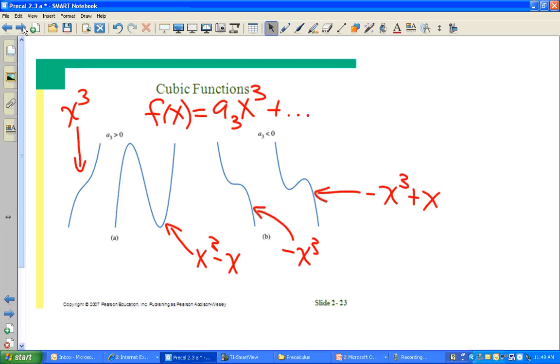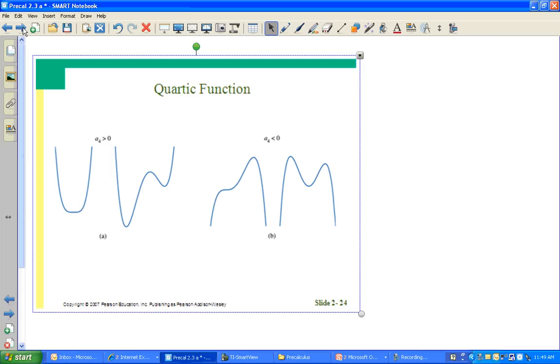Like the cubic function, if you looked at the x to the fourth, called a quartic function. This is the case where f of x equals some coefficient, a sub 4, x to the fourth, and you might have some other terms. And we can play around with some different graphs, and I think I will here in just a second for you, of what some of those graphs look like.